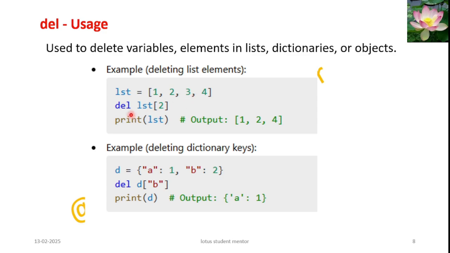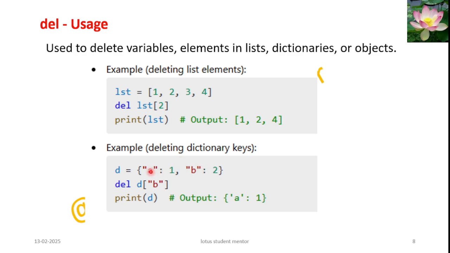If you use del lst[2:3], then the element at index 2 will be deleted. Then print lst, the output becomes 1 and 4. Now in the case of dictionary keys: d equals curly braces, "a" assigned to 1, "b" assigned to 2. Then if you use del d["b"], the b part will be deleted, and the rest remains.